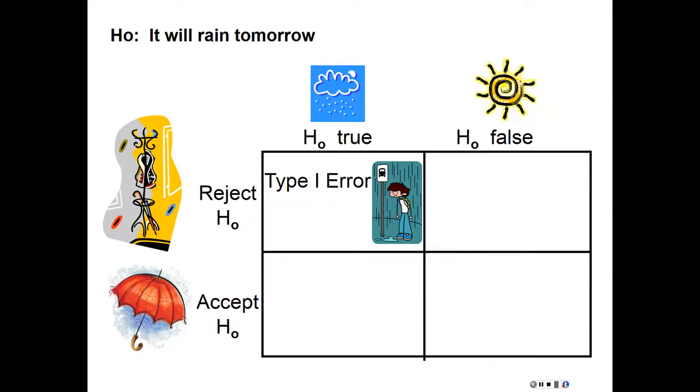And when that definable probability occurs, this is what happens to you if you make the type 1 mistake. You're standing at the bus stop or in the parking lot soaked because you said, no, it's not going to rain today, and you were wrong, which is why it's an error. The probability of making that kind of mistake is called alpha. We've talked about alpha before, and alpha has not changed its role. Alpha is the probability in the tails of a normal distribution. Okay?